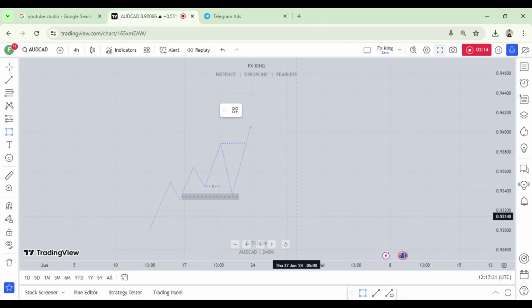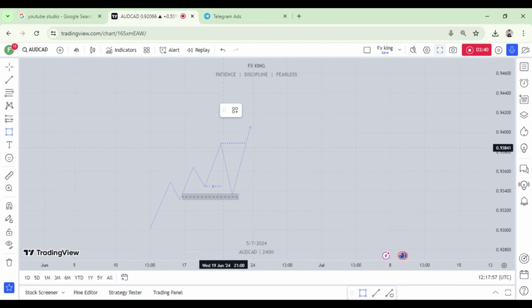Now, let's say you did not know that the first pullback is our valid inducement. You buy here, market pushes down, takes you out, continues up. You mark this as a break of structure, you buy here, the same thing. So this valid break of structure is valid only after taking out inducement.